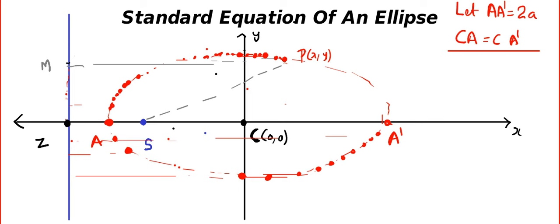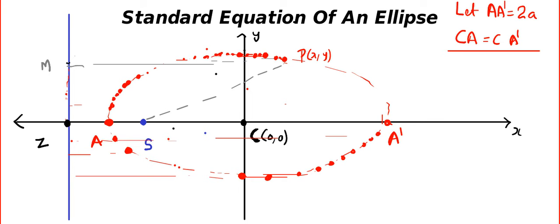And to create the ellipse, we took the directrix on the left and the focus on the left. The focus we denoted by S, the directrix and the meeting point of the axis is Z, and the moving point P is generated in such a way that SP by PM will be E, where E is a number less than 1, so that we are sure that an ellipse will be generated.